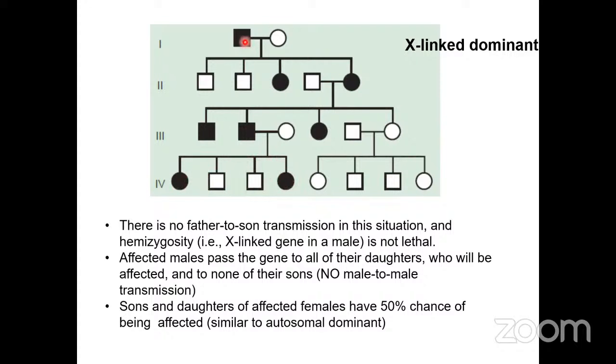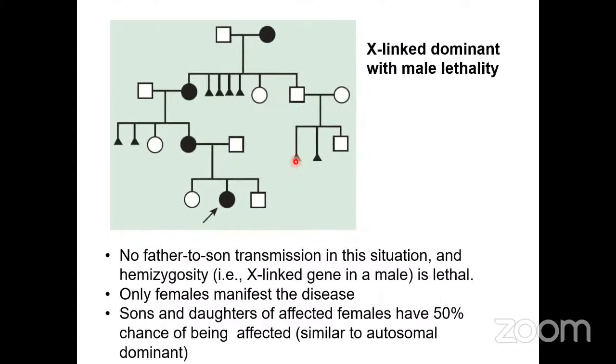Similarly, here also, none of his sons are affected. Daughters are affected. Okay. So sons and daughters of the affected females have a 50% chance of being affected, similar to the autosomal dominant. Now, many times this condition is lethal in males. So X-linked dominant with male lethality.